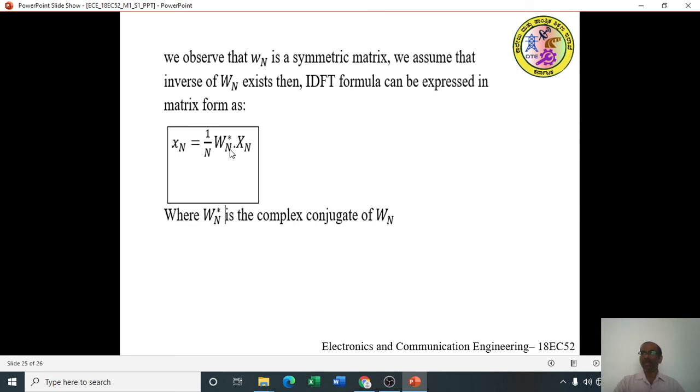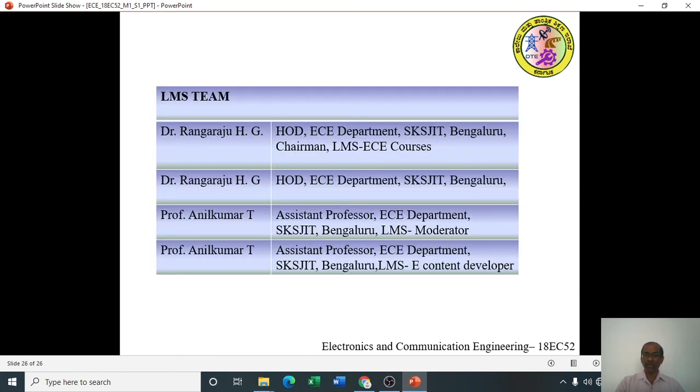It's the twiddle factor complex conjugate, that is omega N star, multiplied with the X of k matrix and scaled with 1 by N, to get back x of n. So easily we can handle these two formulas as matrix multiplications, because our computers and DSPs will easily implement DSP formulas in matrix form. So we can multiply these to compute the DFT and IDFT of a sequence.